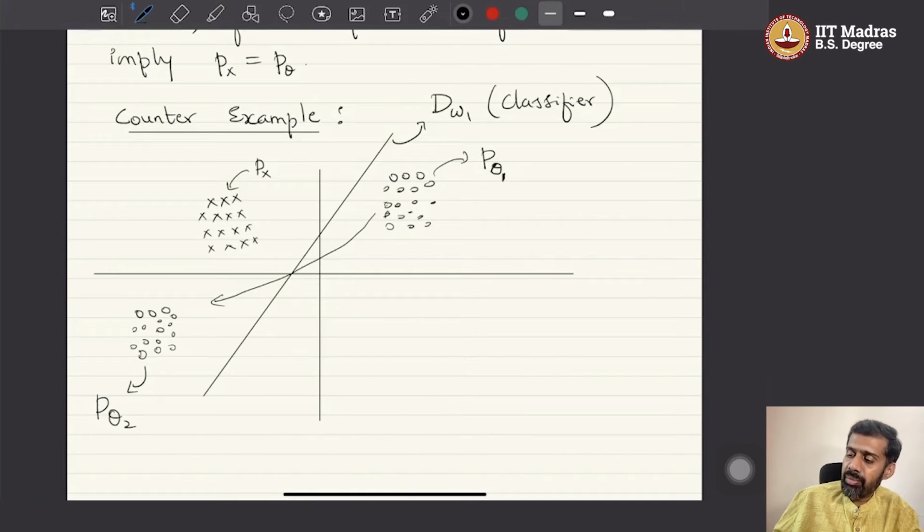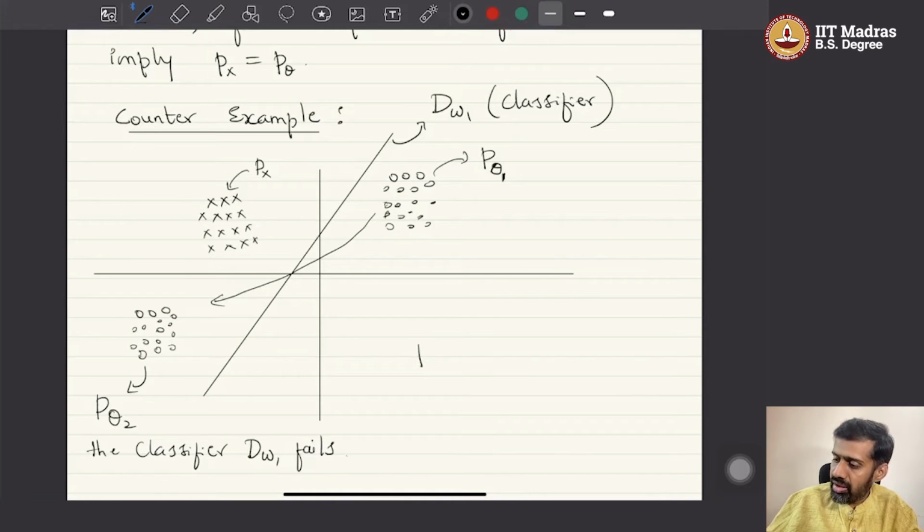When the data comes to this side, in this scenario, the classifier fails to classify. Rather, I should say the particular classifier that we have, D_w1, fails here to distinguish between p_theta1 and p_theta2. Okay, so this means that when my p_x overlaps with p_theta, we know that the classifier would definitely fail.